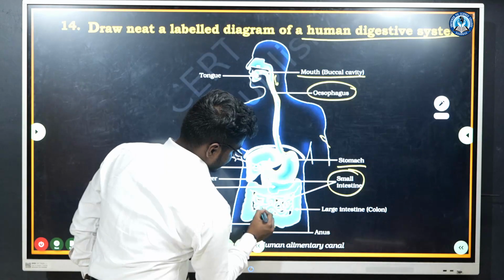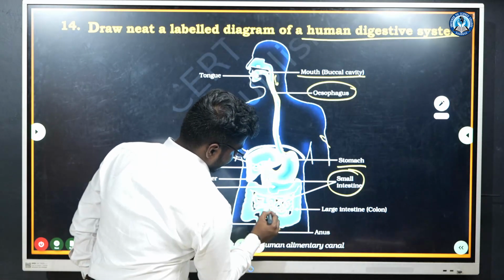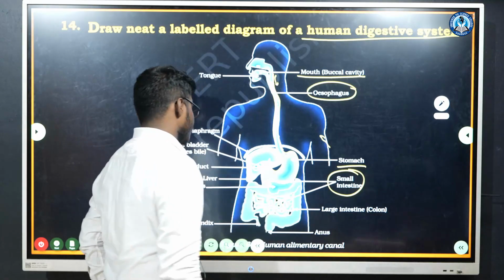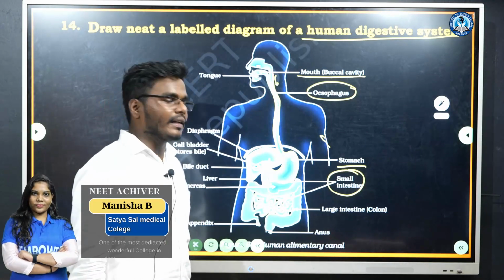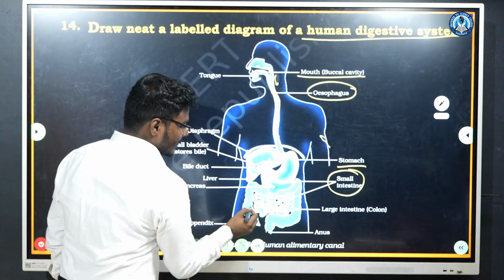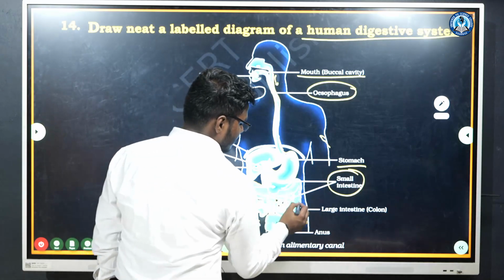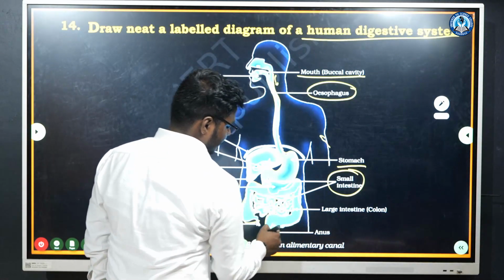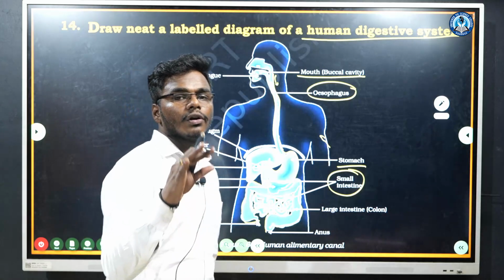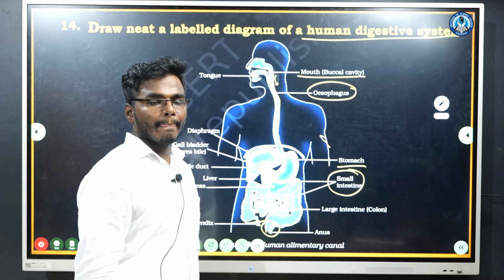So this is all small intestine. The main three parts of the small intestine are duodenum, jejunum and ileum. The small intestine further opens up into the large intestine. Can you see this large intestine? The large intestine has again three parts, that is cecum, colon and rectum, and finally opens up into the anus.